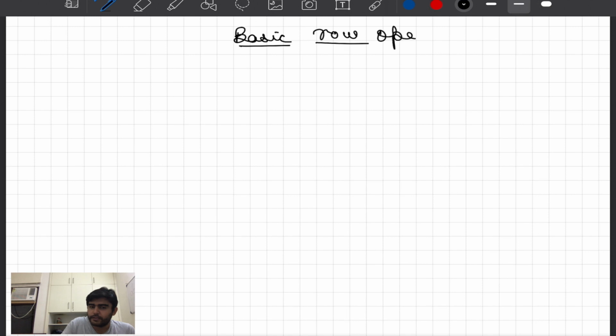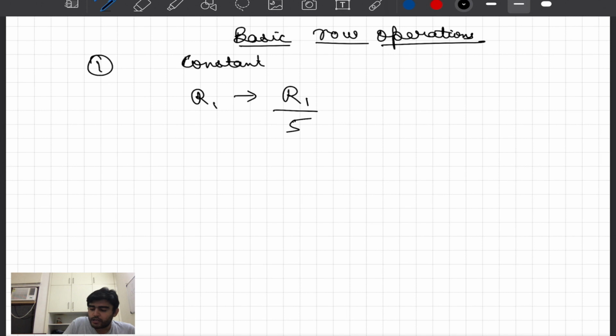Those who are familiar with matrix algebra know that certain operations are permitted without distorting the nature of the matrix, that is, without changing its rank or its inherent properties. The first property is that we can always divide any row by a constant. For example, if you have row R1 and you want to divide R1 by some constant 5, this is totally permitted in matrix algebra.